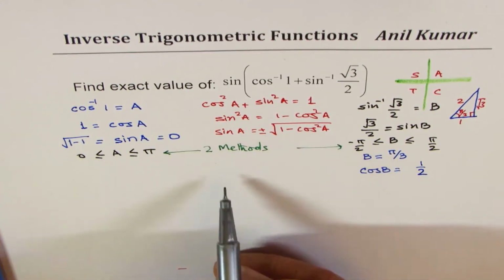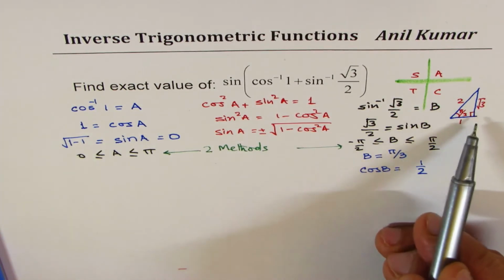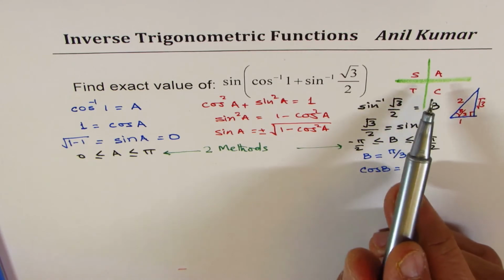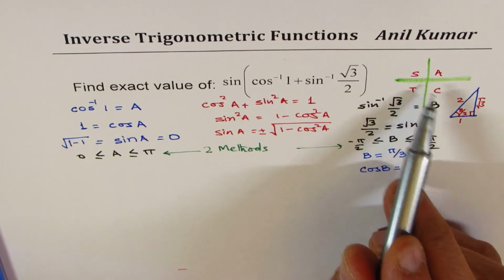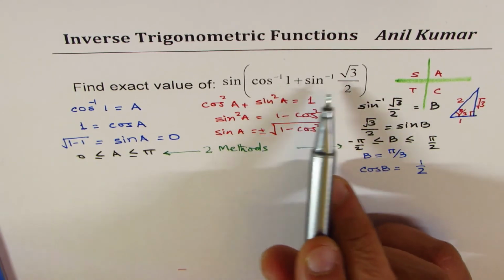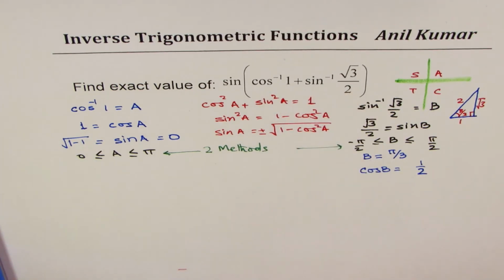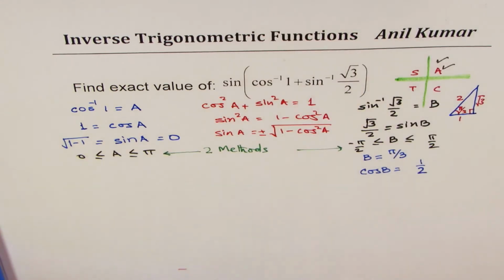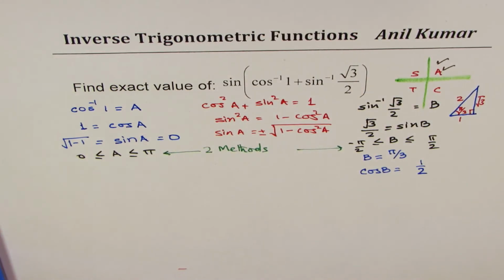You could use this concept, or you could just make a triangle and figure it out. The triangle is better since you're sure about the sign. In this case, both are positive, so both values should be in quadrant 1, and that's why we got them both positive.